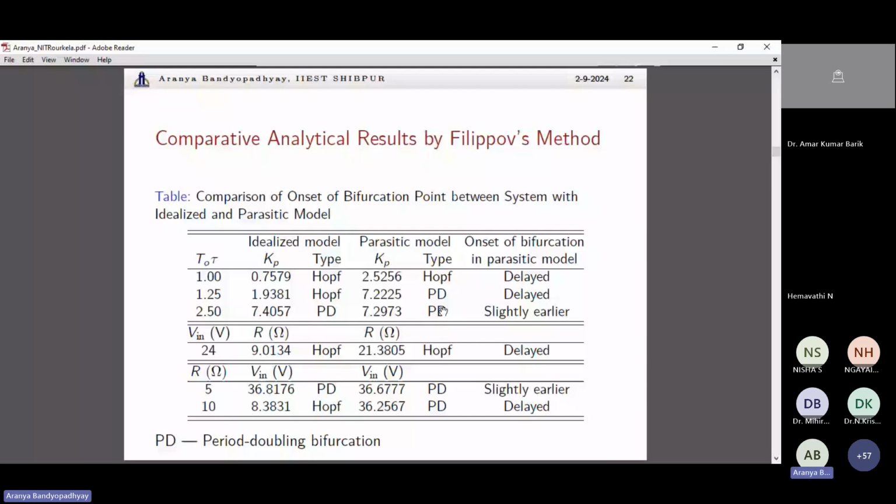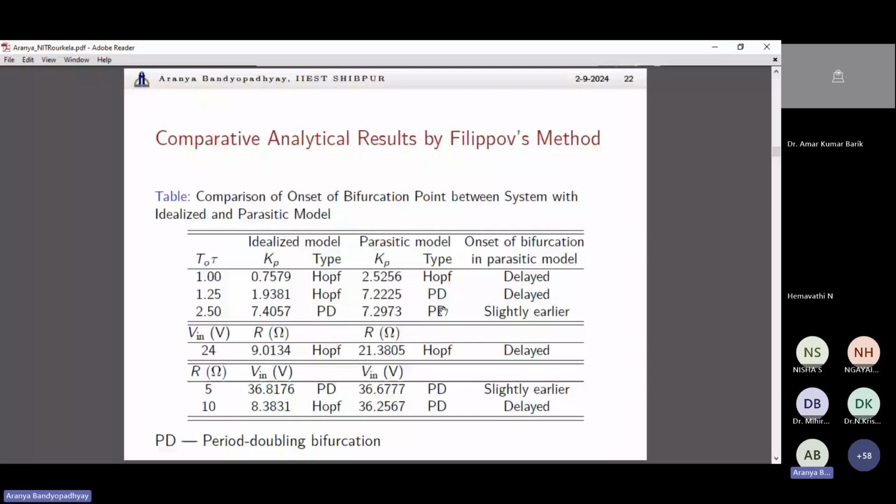So remember that when it comes to science, you cannot predict something in absolute. You cannot predict that it will always cause some effect in unison. It will always cause delayed onset in every case. No, it will not be so.